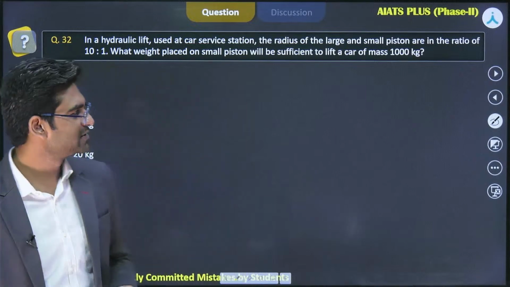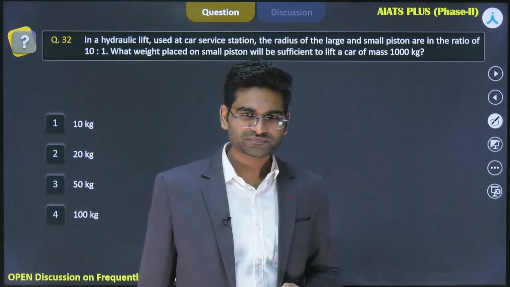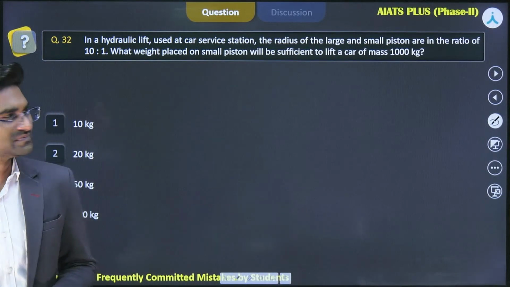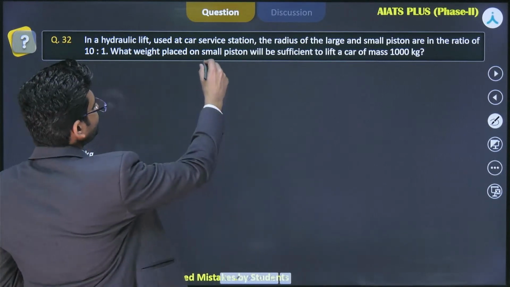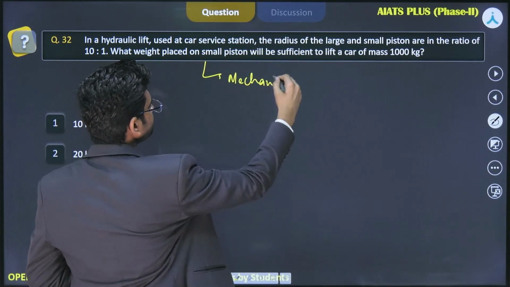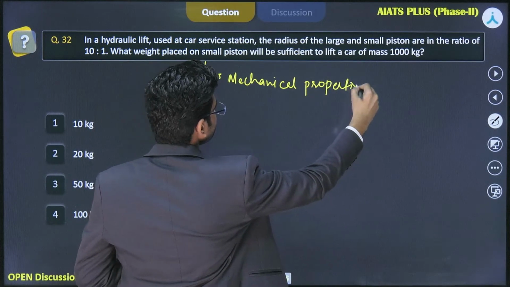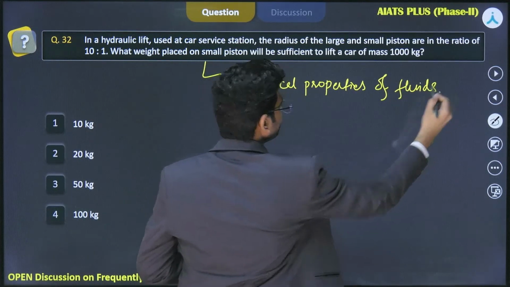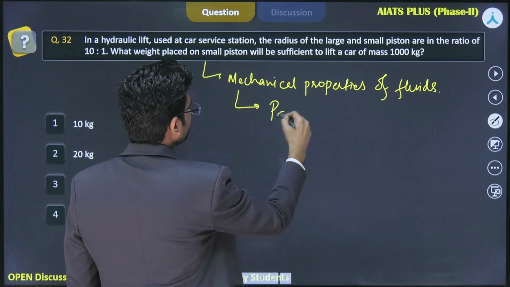Students, in place of fighting with each other, you can tell me the name of the concept. Any answer? Okay, so this question is from mechanical properties of fluids, and the other concept which is used here is Pascal's law.